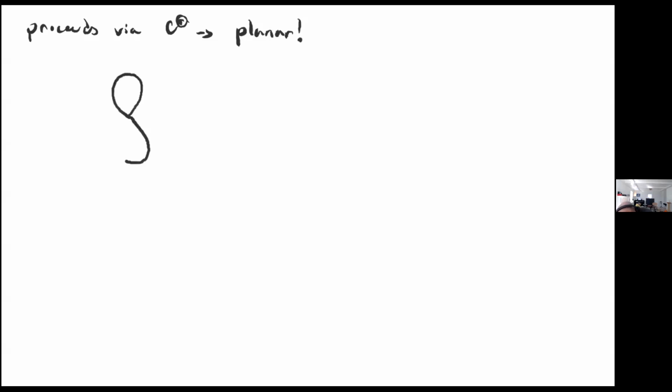I'm going to go to the next slide so I can have a little more room. The SN1 proceeds via a planar carbocation. I can draw that cation. In this case, it's the t-butyl cation.